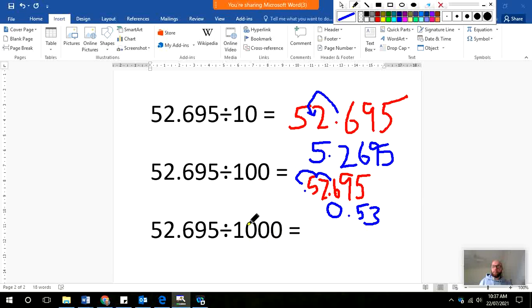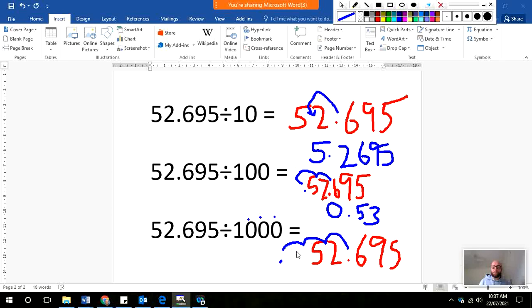Now we're dividing by 1,000. So 50 divided by 1,000, we're looking at a pretty small decimal fraction. Again, I will write this out: 52 and 695 thousandths. This time we're moving 1, 2, 3 place values, and the decimal point would go there. Now we've got a gap.